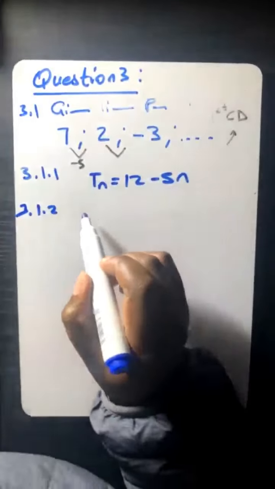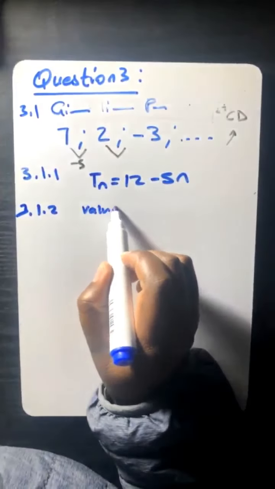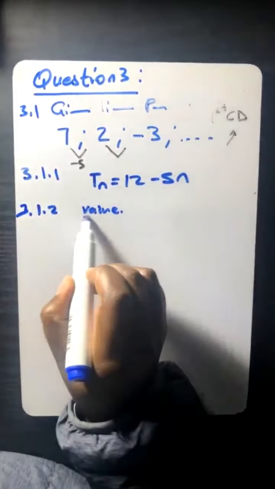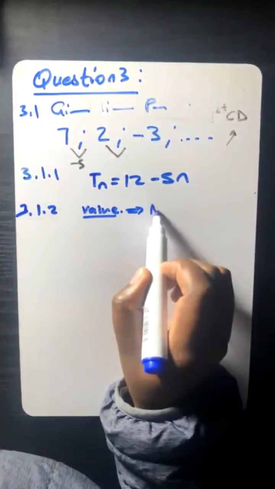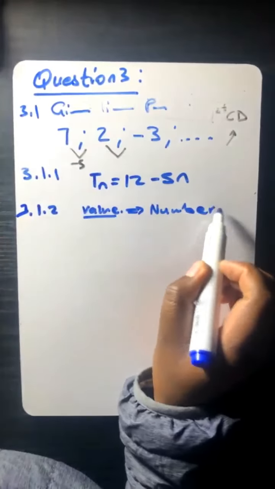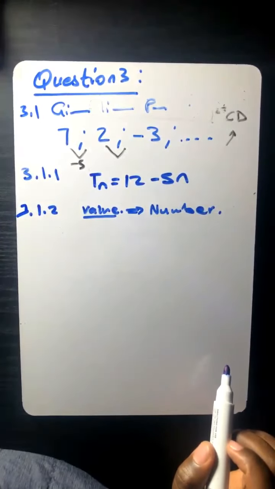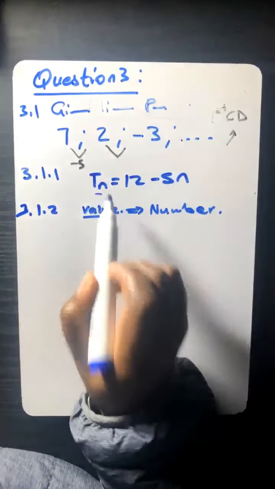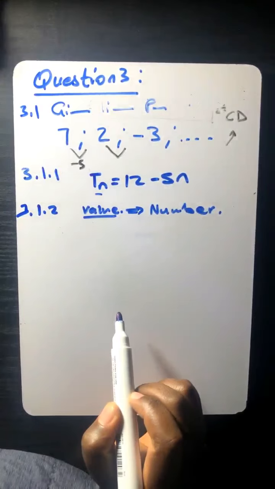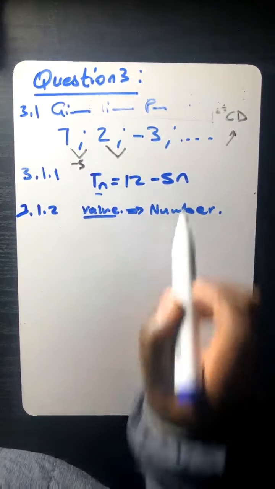Ladies and gentlemen, the value means just give us nothing else but a number. Sometimes you might be in grade 12 or grade 10, but be confused by this type of question in terms of how do I know when they want me to calculate Tn? How do I know when they want me to calculate n?